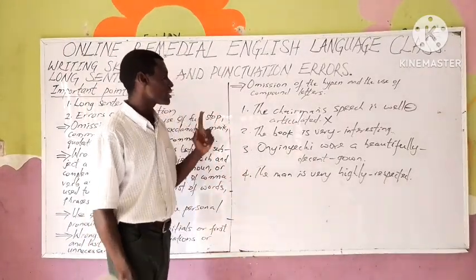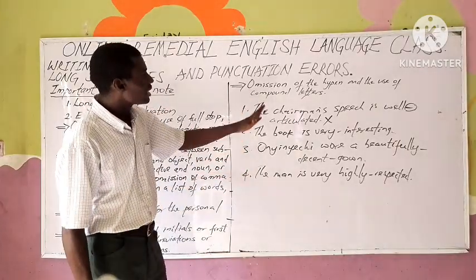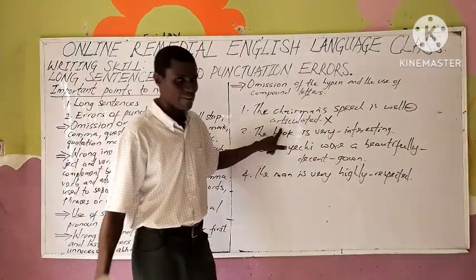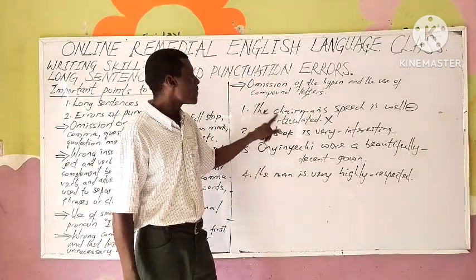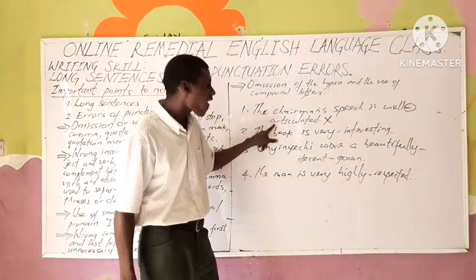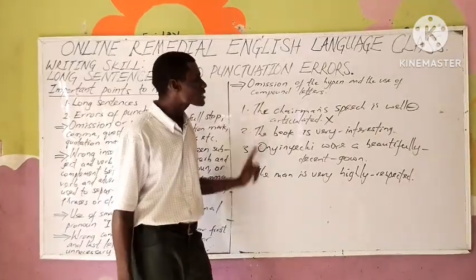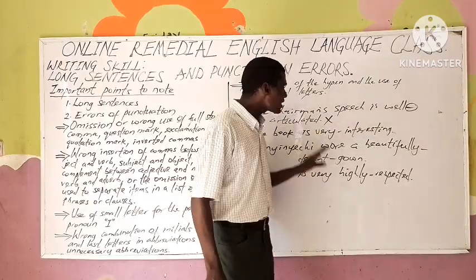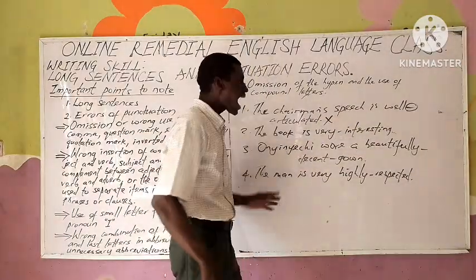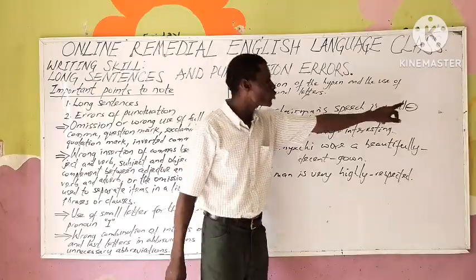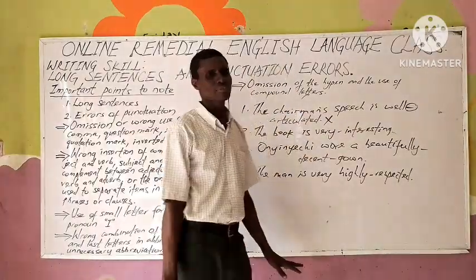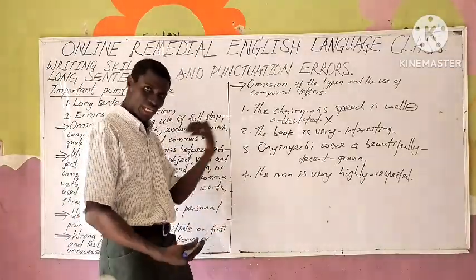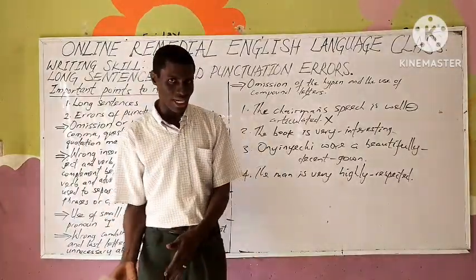Always pay attention to the fact that the noun that is being qualified by the adjective must come before the adjective. When it comes before the adjective, then you can have this. But when the adjective is coming after the noun, you do not need the hyphen. Is that clear? You know that we can have pre-modifier, post-modifier.